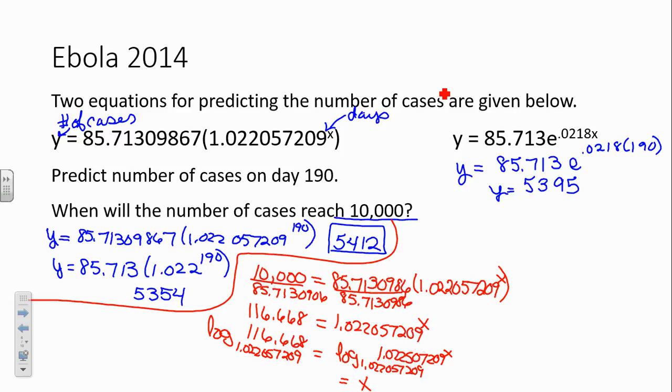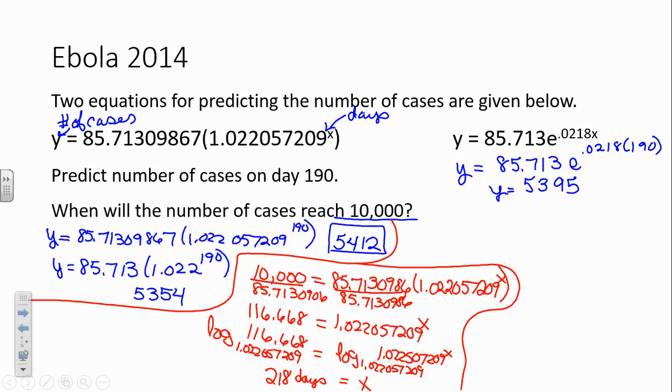And we get 218 days. Crazy numbers, but that's the type of thing you deal with when working with real world data.